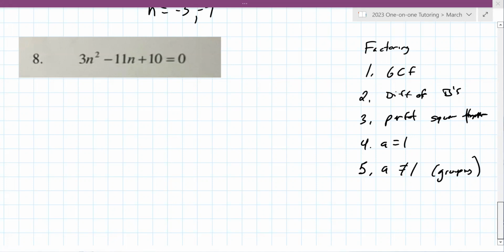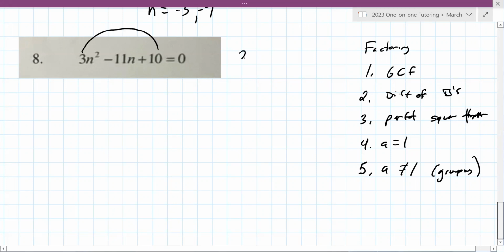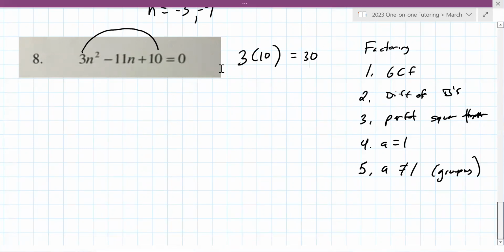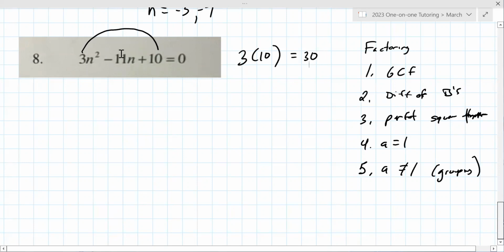All right, so the step here is to take the 3 and multiply it by the 10. And that's when it's this grouping. So now you're looking for two numbers that multiply to 30, but add to -11. Since this is positive and this number is negative, -11, they're both going to be negative.